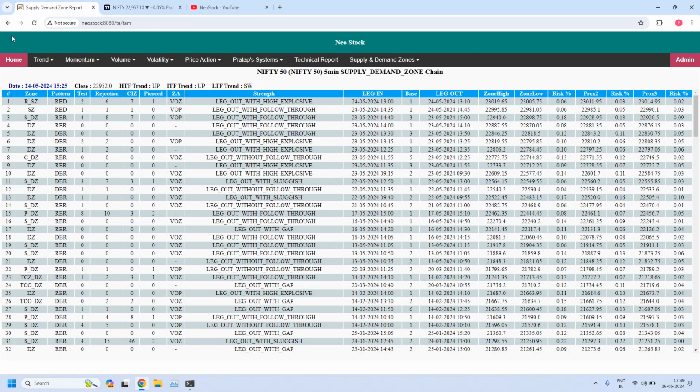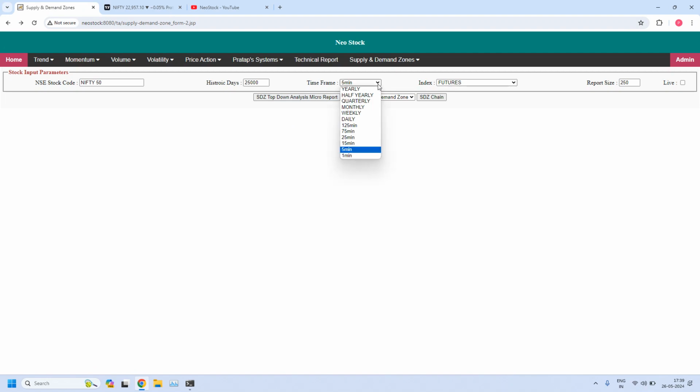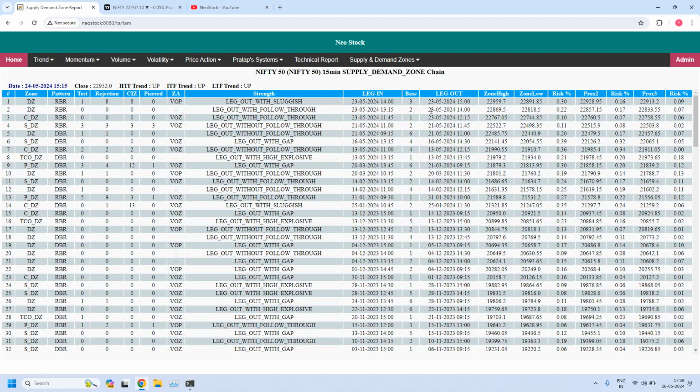What is the immediate 15-minute zone? Let us go back and look into the 15 minutes zones. What is the immediately available 15-minute zone? According to this supply-demand zone chain, this is the immediately available 15 minutes demand zone. Oh, it has a lot of strong order flow, 8 times rejections from this zone. This is the 23rd, 5, 14 hours, 3 base candles.